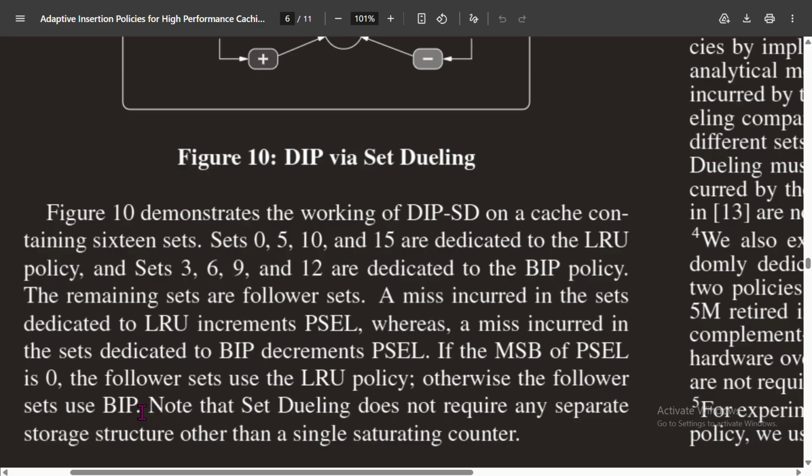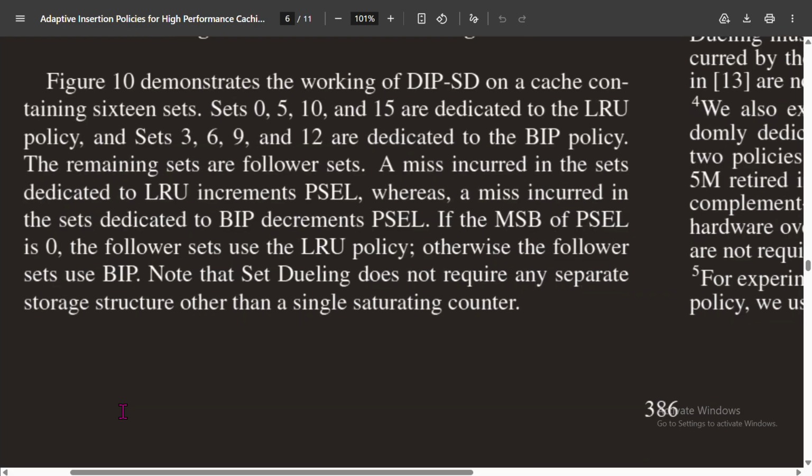A miss incurred in the sets dedicated to LRU increments PSEL, whereas a miss incurred in the sets dedicated to BIP decrements PSEL. If the MSB of PSEL is 0, the follower sets use the LRU policy, otherwise the follower sets use BIP. Note that set dueling does not require any separate storage structure other than the single saturating counter.